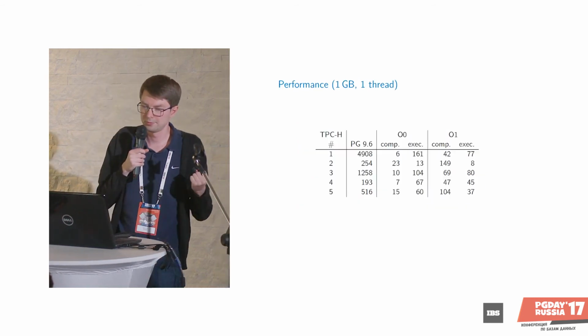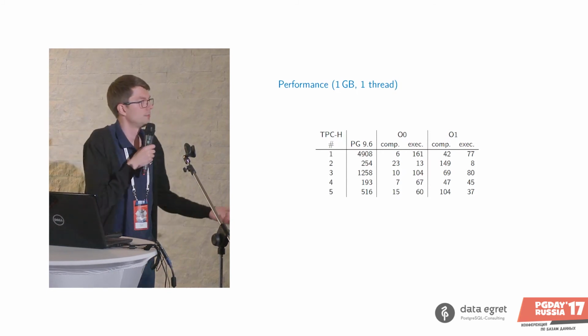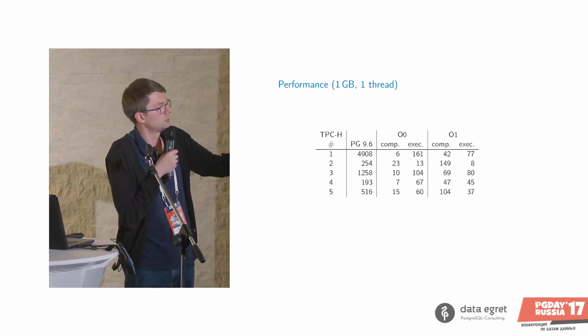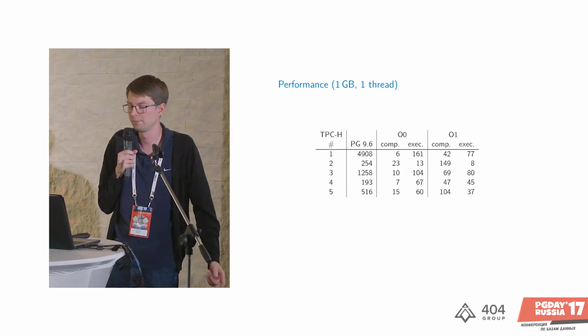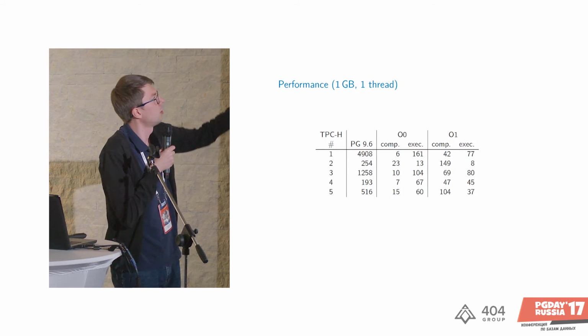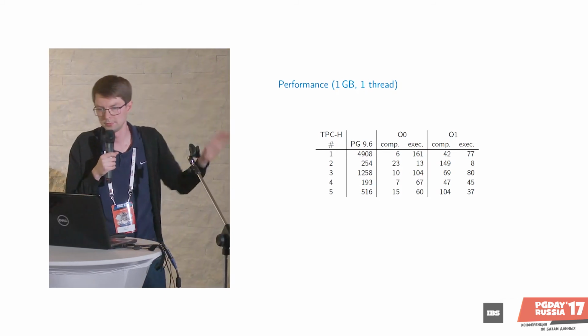Okay, so some performance numbers here. This is just the first 5 TPC-H queries, because I just had those numbers handy. This is in milliseconds on a 1 gigabyte database, set to single threaded.